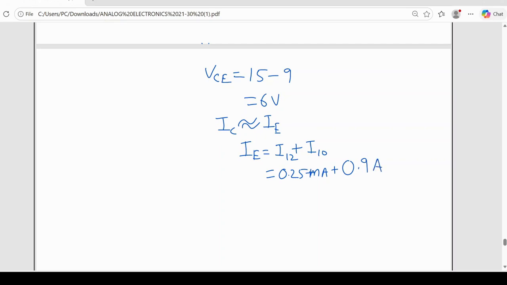So this is almost equivalent to 0.9 amps.